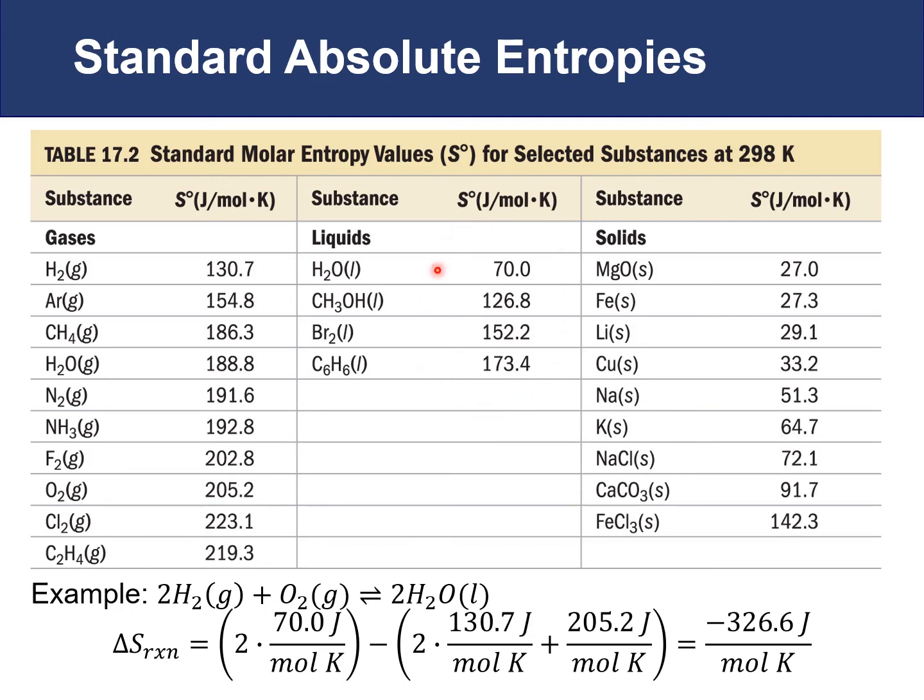But if we compare the value for liquids with those of gases, the value for gases is much higher than the value for our liquids. In fact, almost all of the gases, at least in this table, are greater than the liquids. The ones that are not are argon, which is a noble gas, so there are no bonds in it, and so it's a fairly simple molecule.